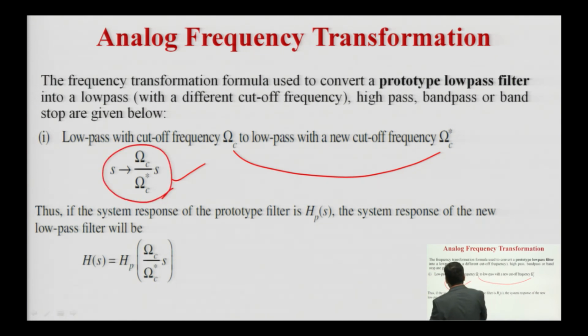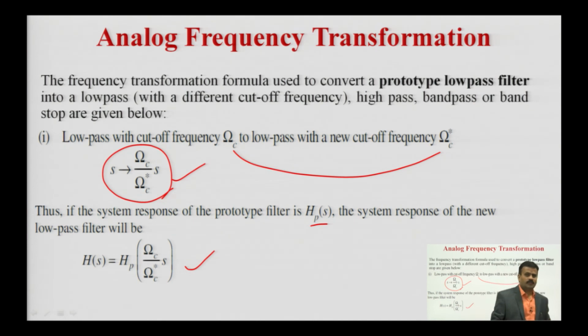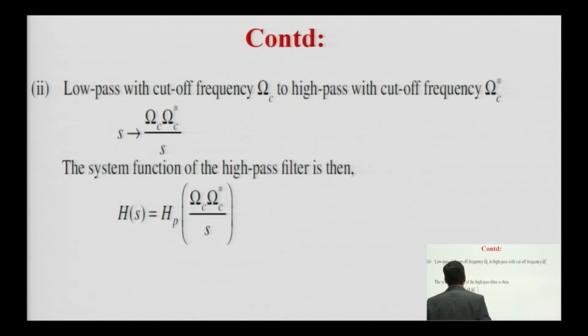This type of mapping you can do here: s tends to Ω_c upon Ω_c* into s. So, if the system response of the prototype filter is H_p(s), then the system response of the new low pass filter will be this one. So, you are transforming from one type to another type. New prototype, you can say.